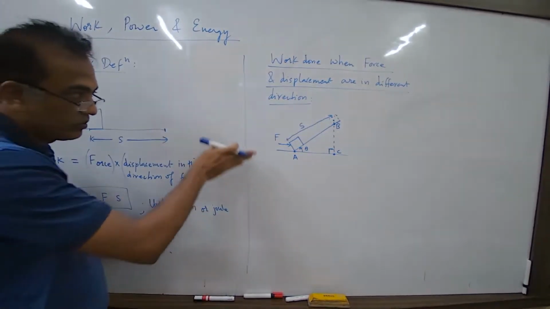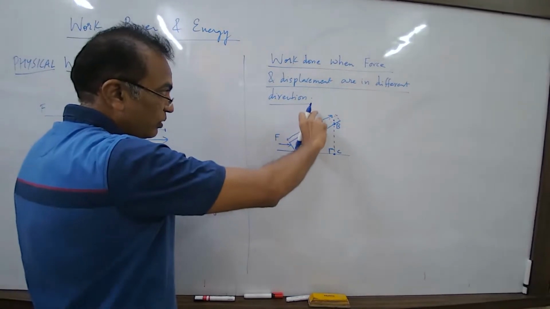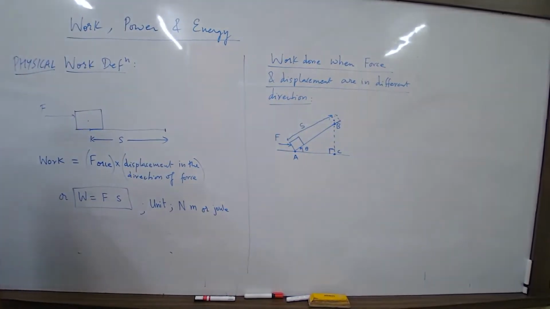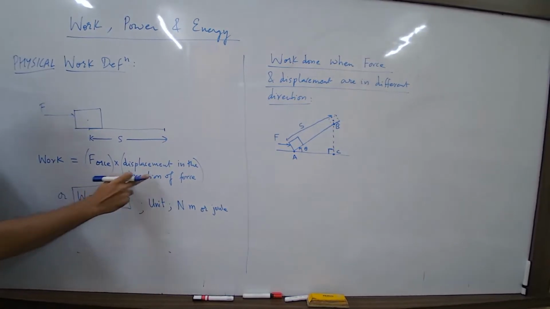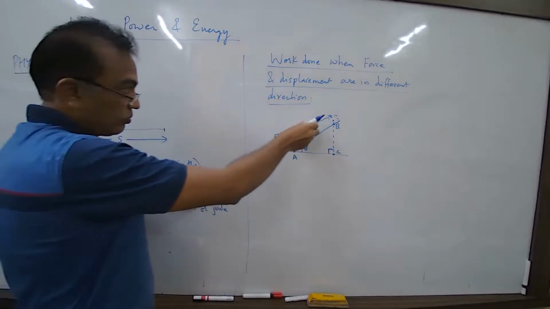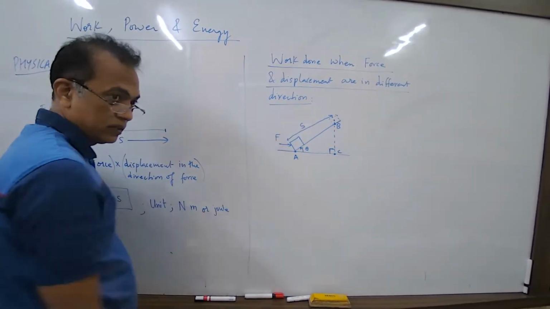What is the direction of force? Horizontal. So we have to find out the component of displacement in the horizontal direction, because we want force into displacement in the direction of force. So what is the component of this displacement? It is AC.